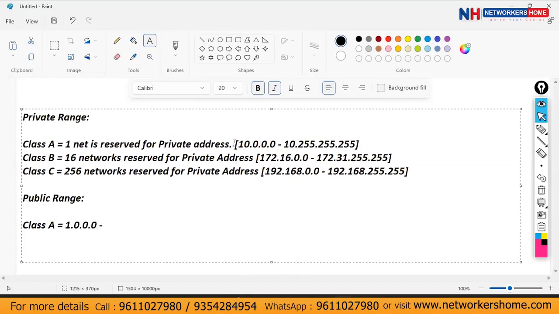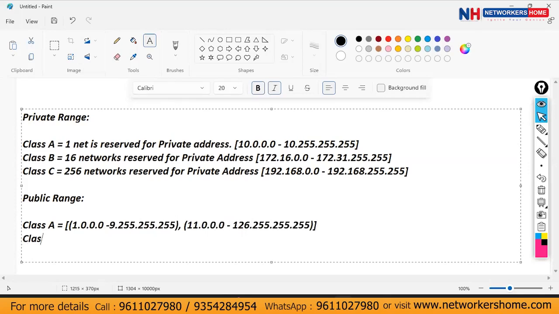Before 10, because from 10 my private addresses start, I'll have 9.255.255.255. Then 10 is reserved. After 10, I'll have one more network, 11, and it goes until 126 because there are no more reservations. This is your class A public range.